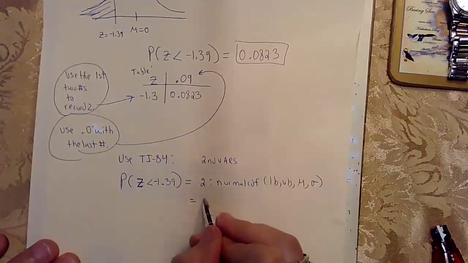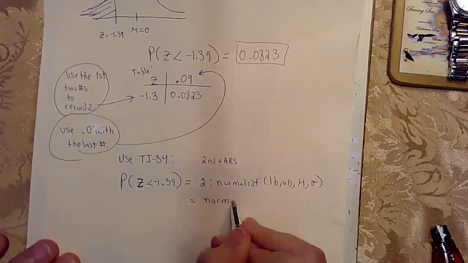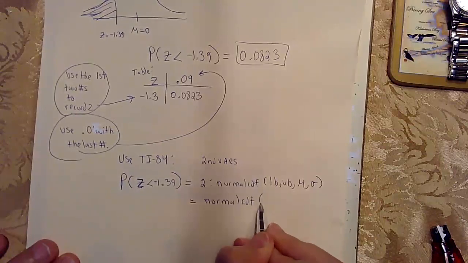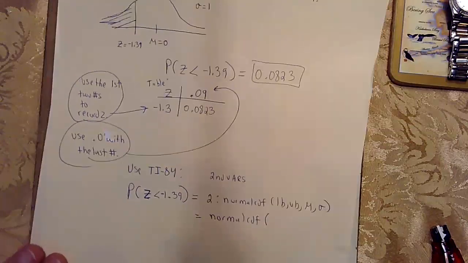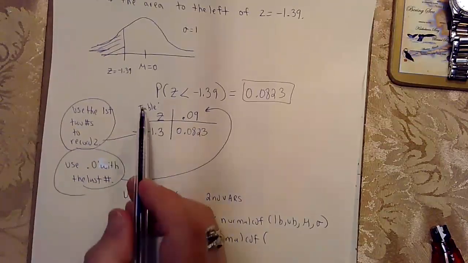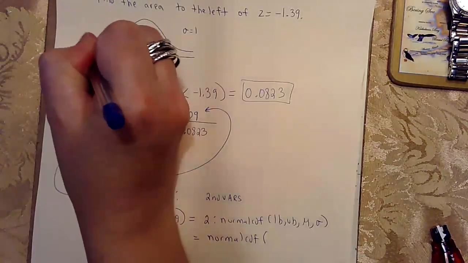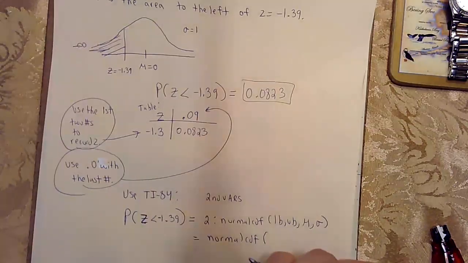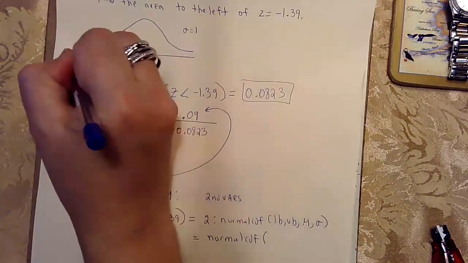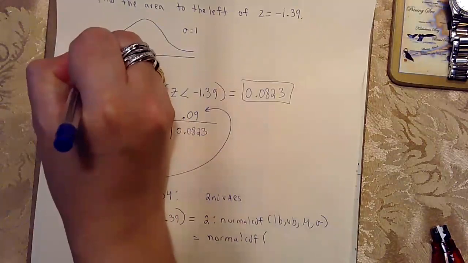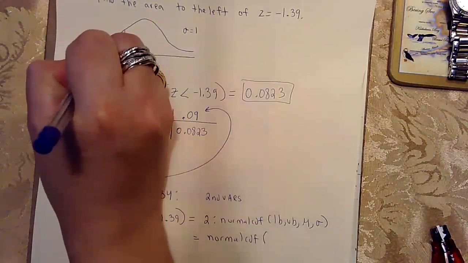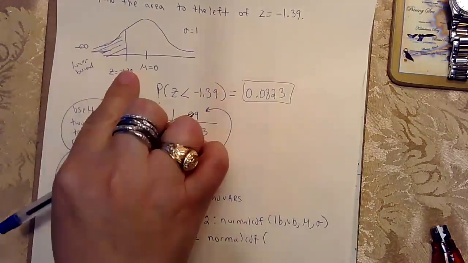And remember we graphed from left to right. So when you read this graph from left to right, this is negative infinity, so this is your lower bound, all the way to where it stops here. This is your upper bound.